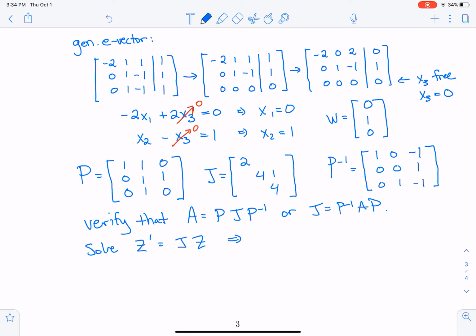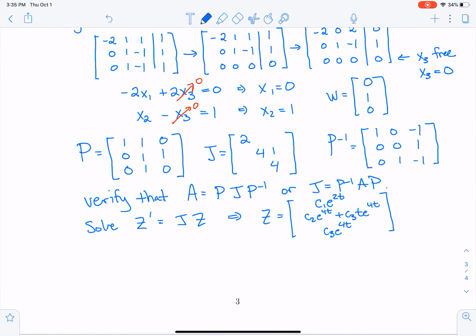In fact, we saw that the solution Z looks like C1 e to the 2t and C2 e to the 4t plus C3 t e to the 4t. And then finally, we have C3 e to the 4t. So that was our solution to the very first problem.